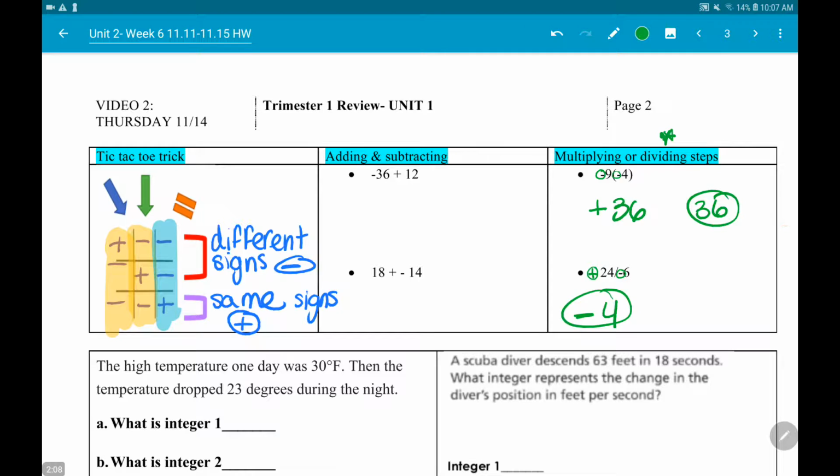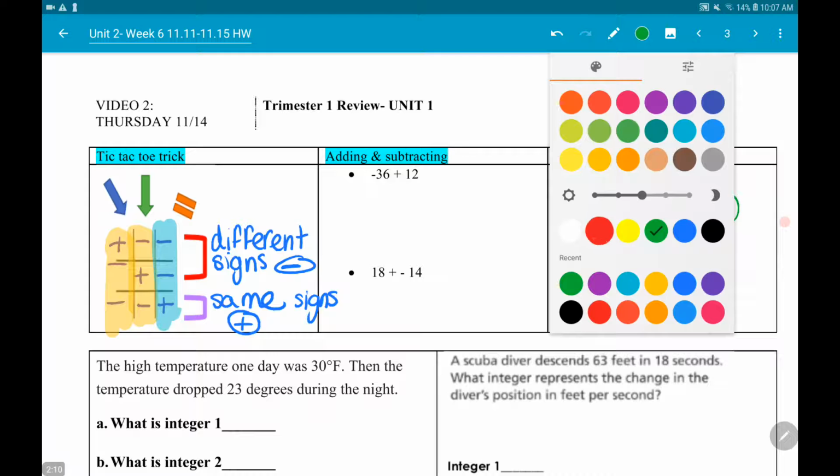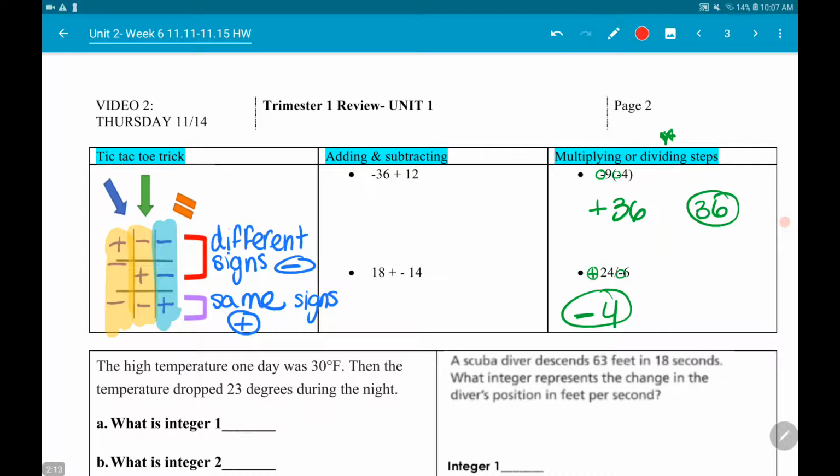All right, when we are adding and subtracting, the rules are a little different. And here's where a lot of people make some mistakes. So here I have different signs. That doesn't mean my answer is going to be negative. That means it's telling me what operation I need to do. And the operation I need to do is subtraction. So 36 take away 12 is 24.